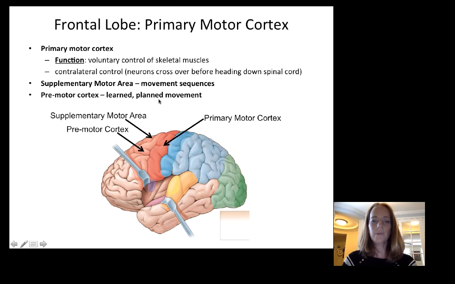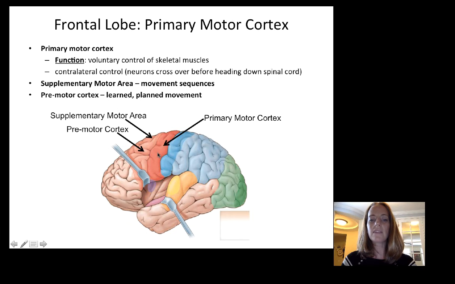In the frontal lobe, then we have some major motor areas. So if you find the central sulcus here, which divides the red and blue regions of this diagram, the central sulcus and forward, all of this is the frontal lobe. So the first region, or this precentral gyrus, contains the primary motor cortex.